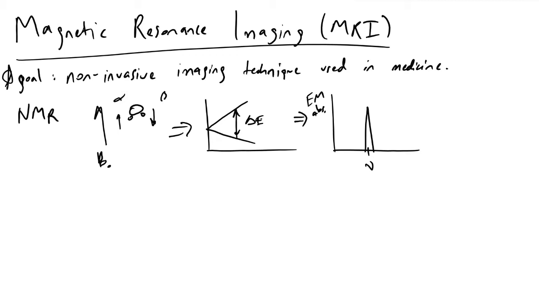And the point here is that this is a homogeneous magnetic field. And these are quite strong magnetic fields in practice because we need to have large differences in energy to be able to obtain plots that aren't too noisy that we can easily see. We have a water molecule present in our solution.